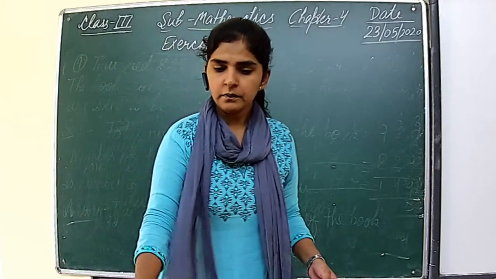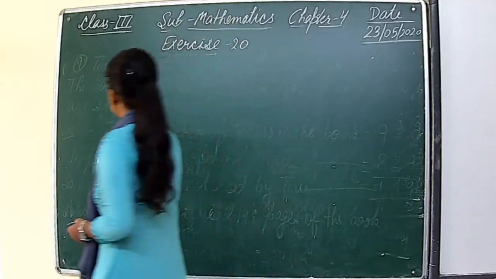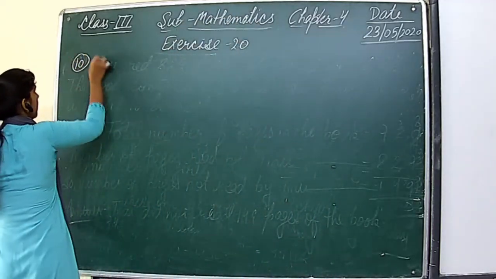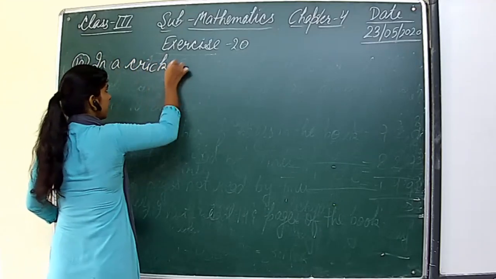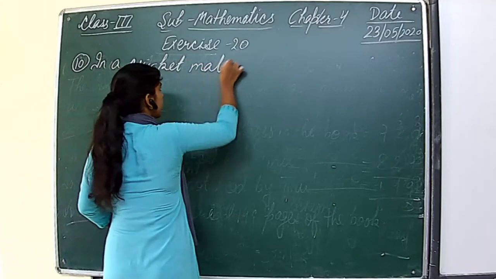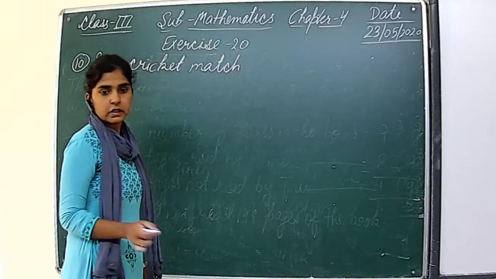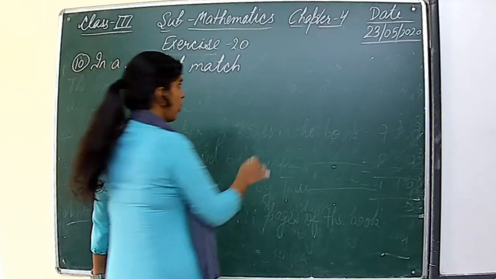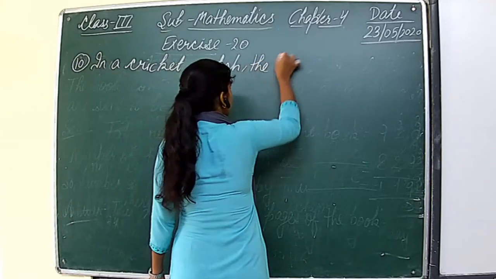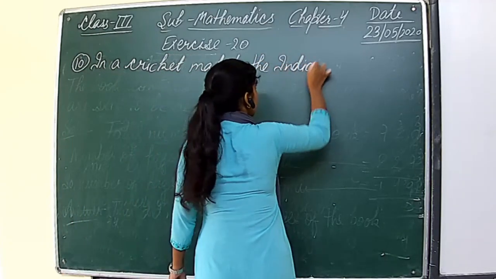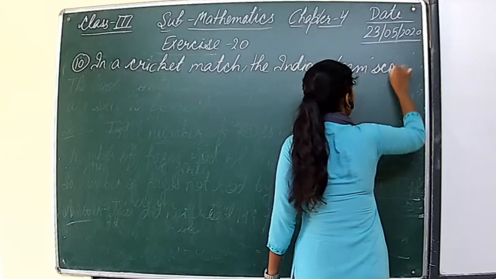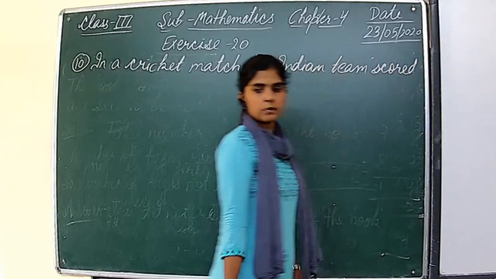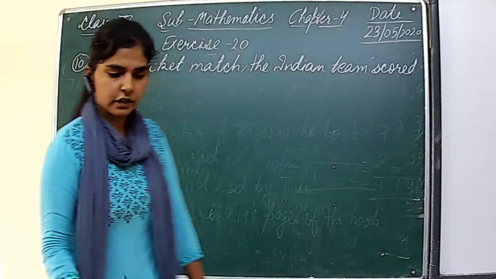Question number 10. In a cricket match, the Indian team scored 435 runs.